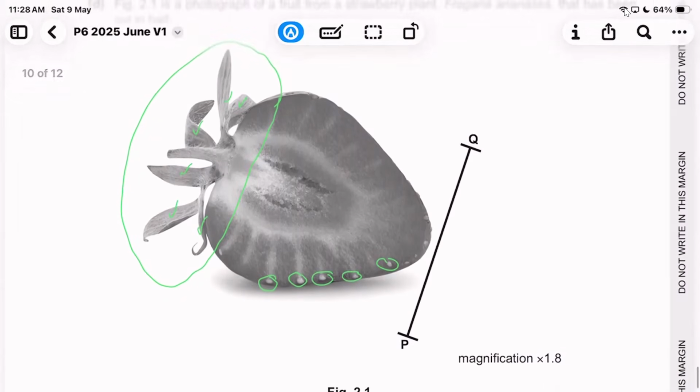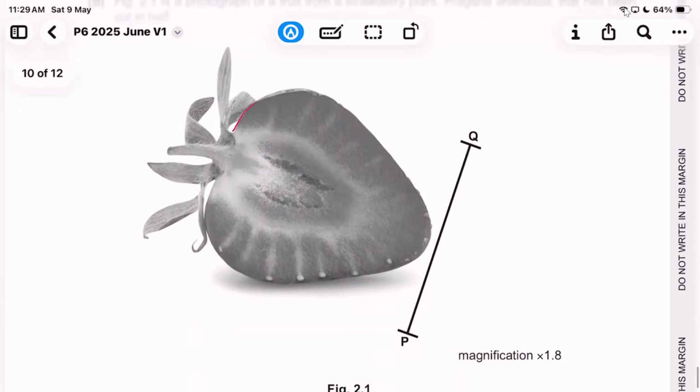To make it easier, I will teach you how we can draw it. Firstly, bring your pencil and make the outline of the strawberry like this, to make it easier to be printed in your mind.